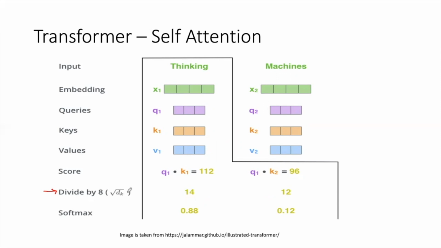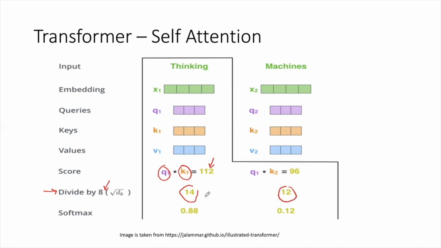So here it's 112, but let's say it is pretty large, because there is no constraint on what the magnitude of these vectors should be. So it could be possible that there's a large dot product. In order to bring it down, we divide by some constant. So once we do that, we have some scores that are generated.